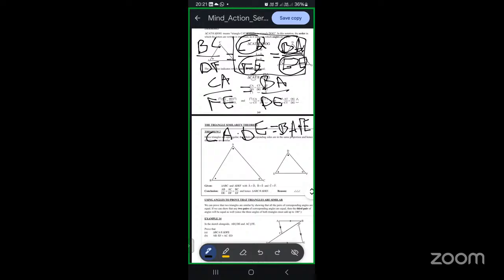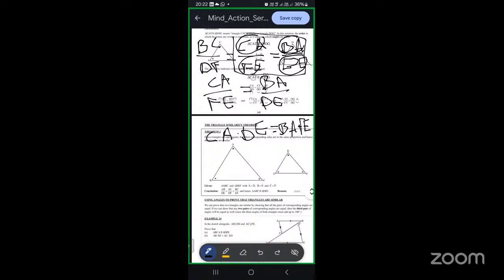Sir, is it okay if I put sides from the same triangle over each other, equal to the sides that are corresponding with those sides on the other triangle? I'm not sure if I understand your question. Can you please repeat it? Okay, let me give an example.